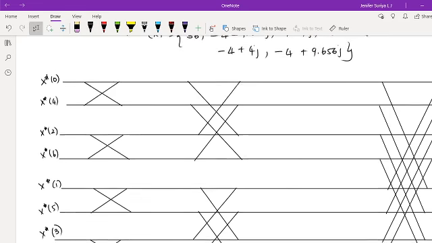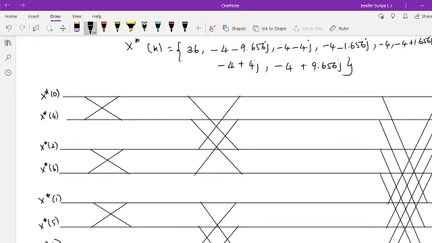Now I'm going to write the corresponding input values. So X star of 0 is equal to 36.